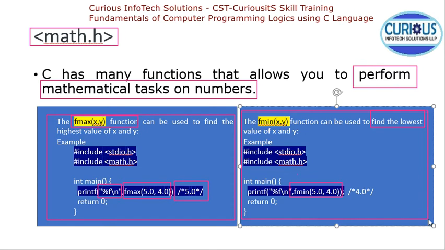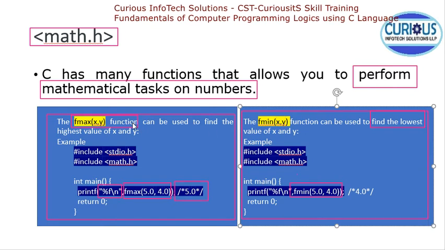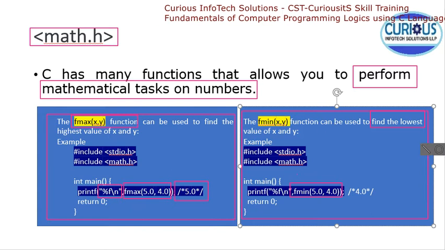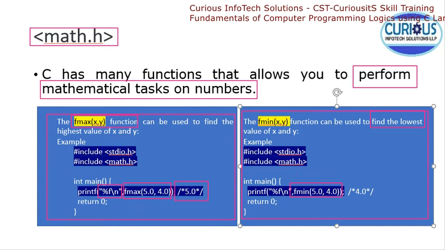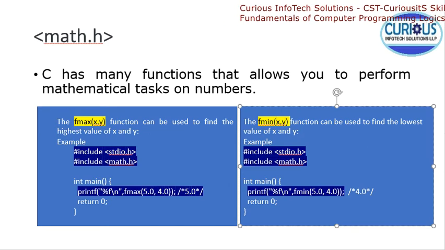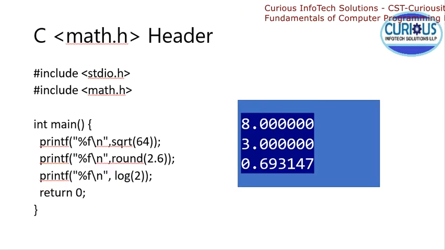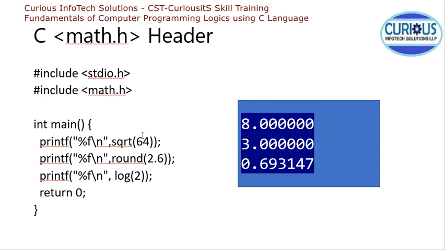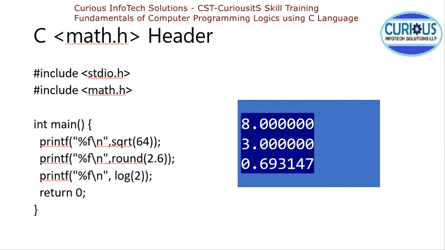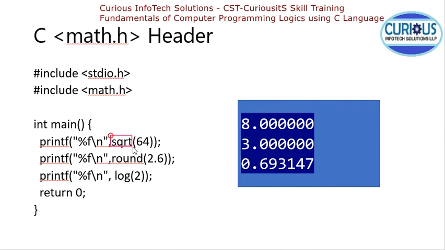Now we will see more effective tasks in our program. For example, we will see the next slide. In the next slide, you will see some very useful functions of math.h: sqrt for square root, round, and log.